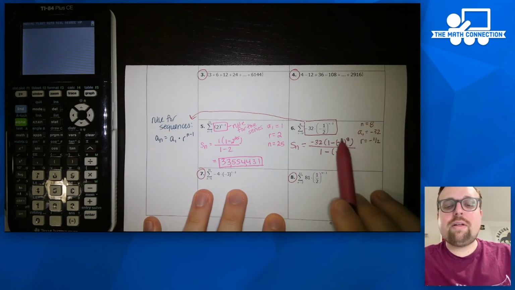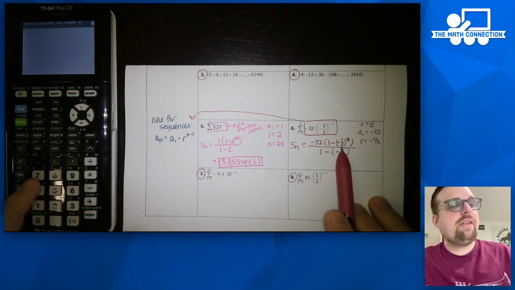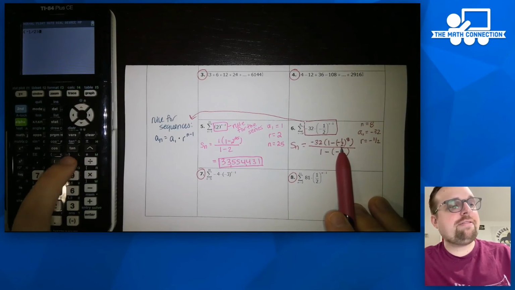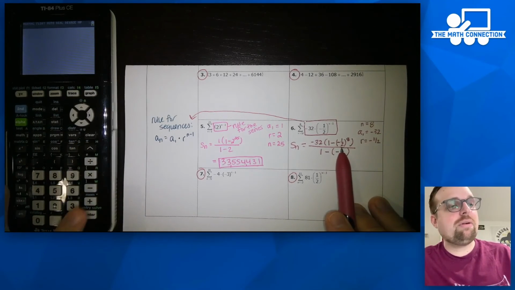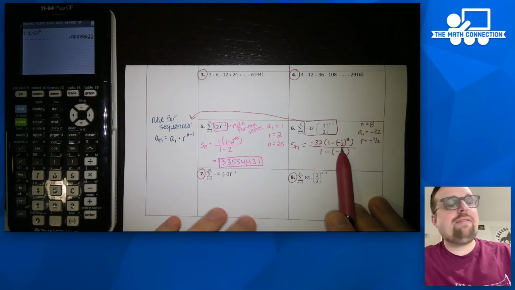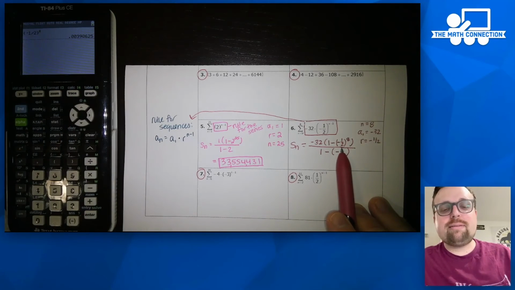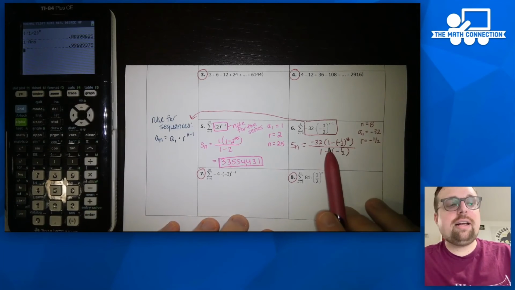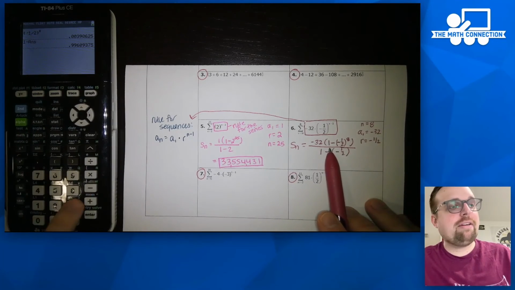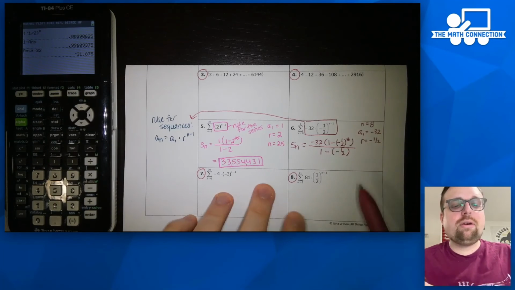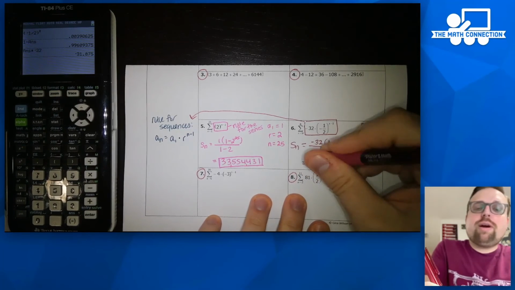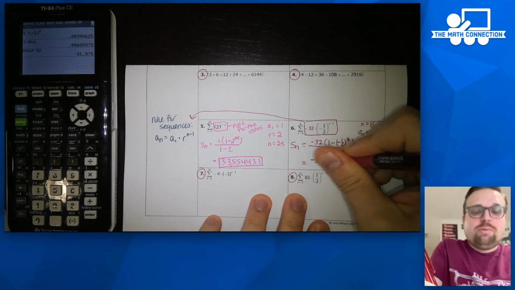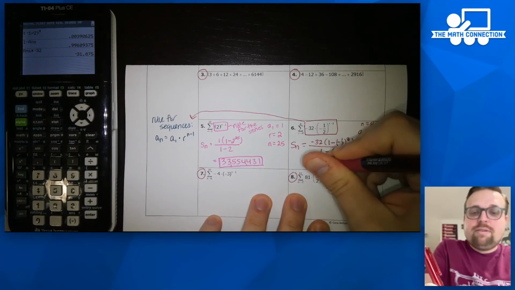So let's figure out this inside part first. This is going to be negative 1/2 raised to the power of 8. And I'm not even going to write that down because it's some crazy decimal. It's 1 minus that answer, that's the inside, and then you're multiplying that by negative 32. So our numerator is negative 31.875.